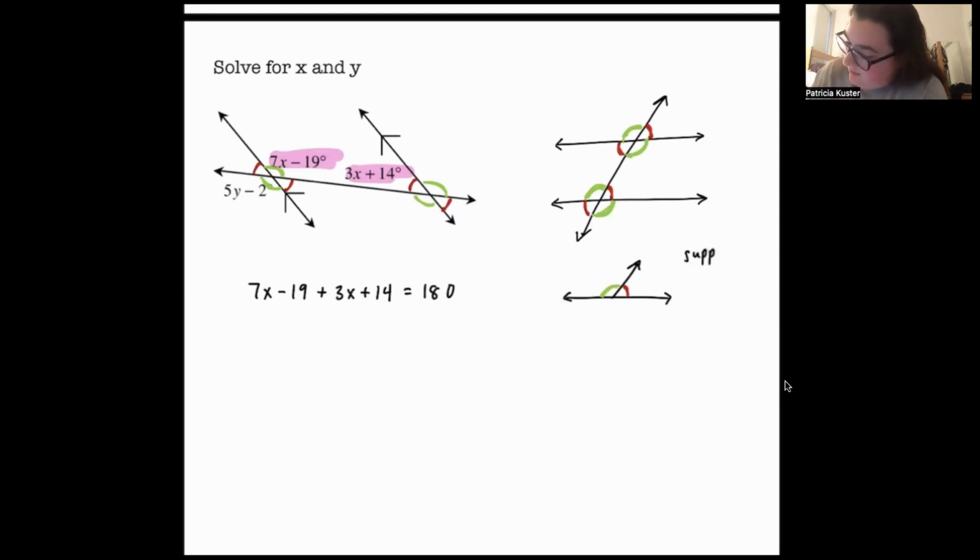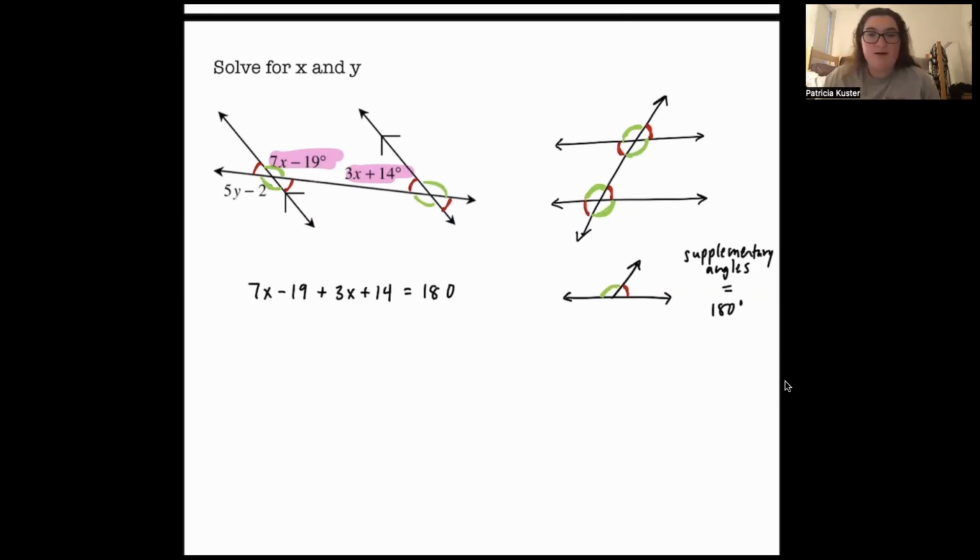So supplementary angles equal 180 degrees. And so in a transversal, your big angle and your small angle are always going to be supplementary to each other. And so therefore, they're going to add up to 180. Once you write your equation, that's when it becomes an algebra problem.